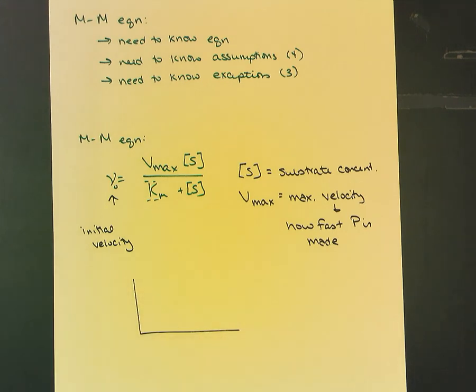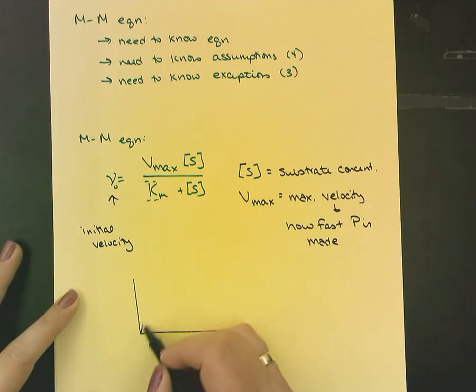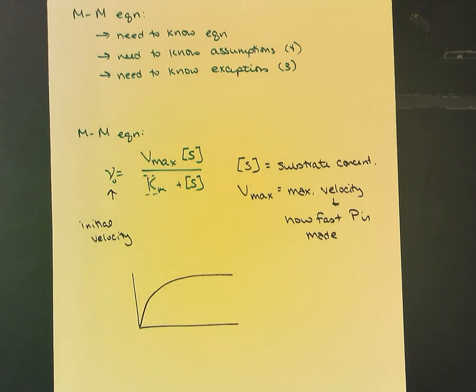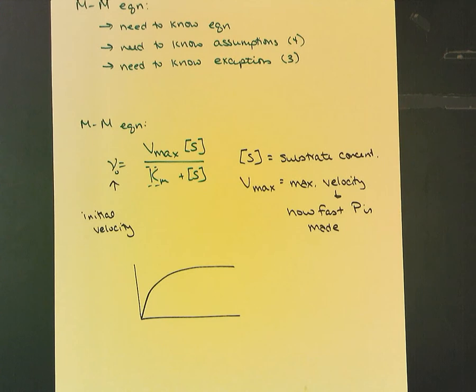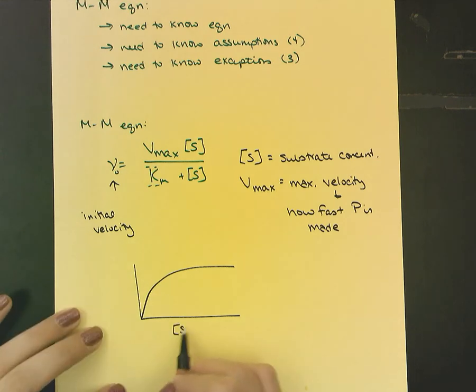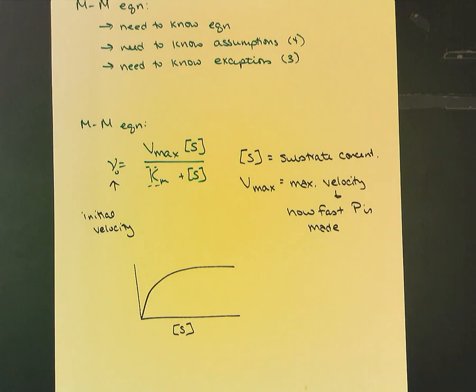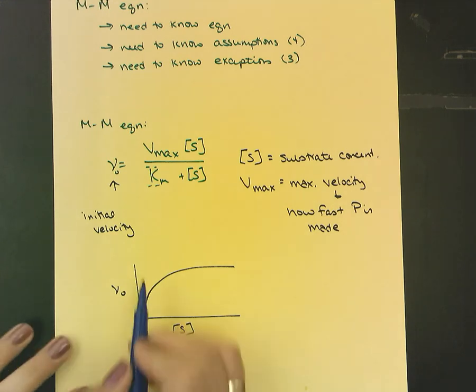If I drew one of these hyperbolic curves that looks like this. First of all, what is this curve demonstrating? Let me back up. What do I put on the x-axis for this kind of curve? Substrate concentration. In that case, what would I put on the x or y-axis? Okay. What is the hyperbolic curve asymptotically approaching? Vmax.